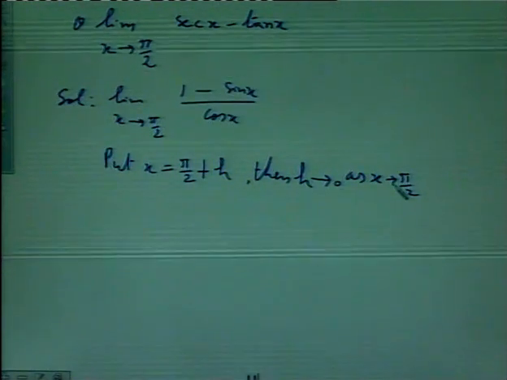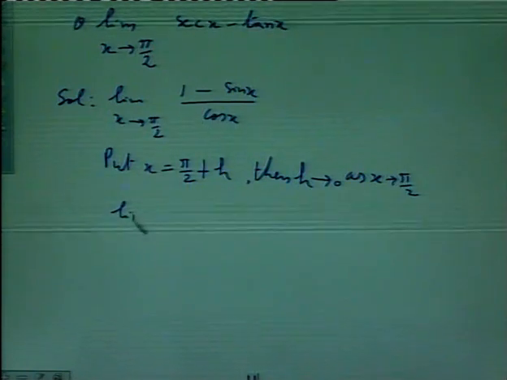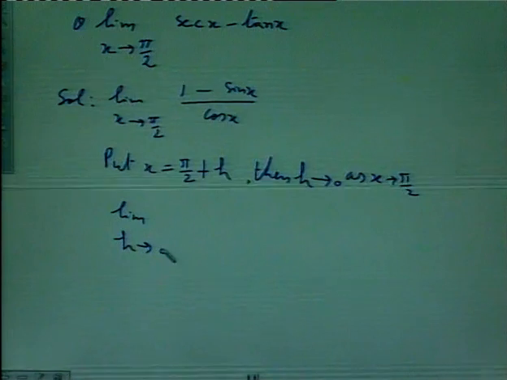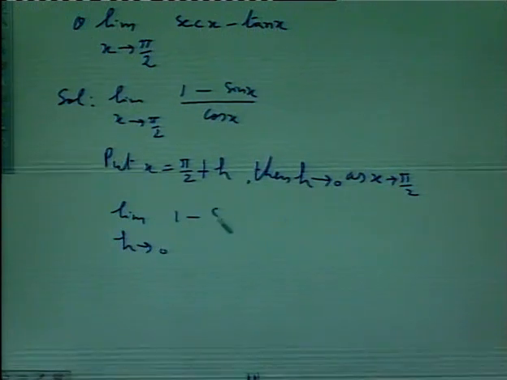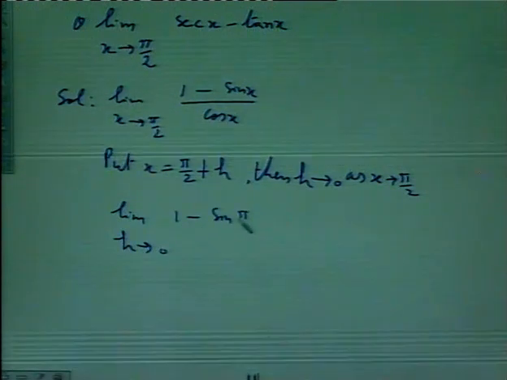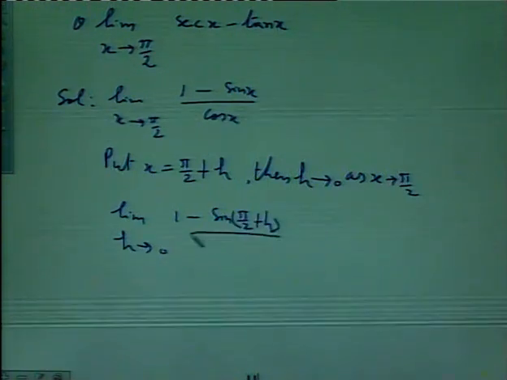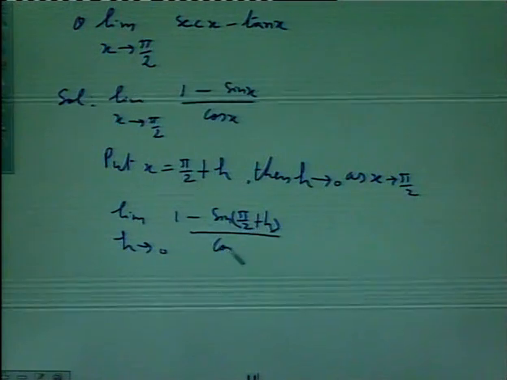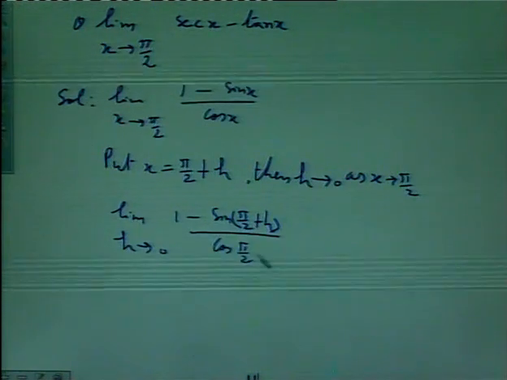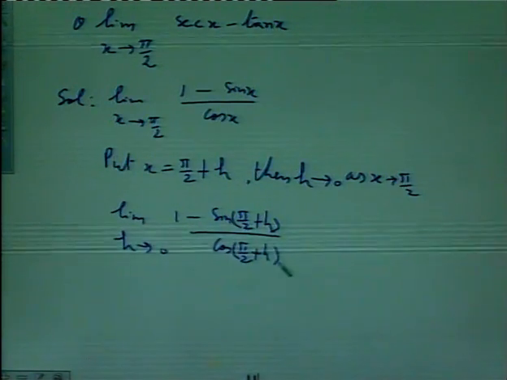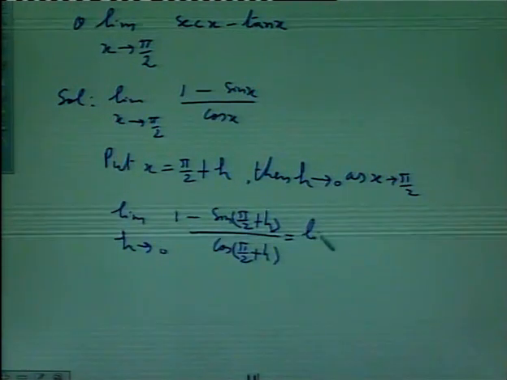So, the question becomes very simple. Now, the limit changes, h tends to 0, 1 minus sin (pi by 2 plus h) upon cos (pi by 2 plus h).